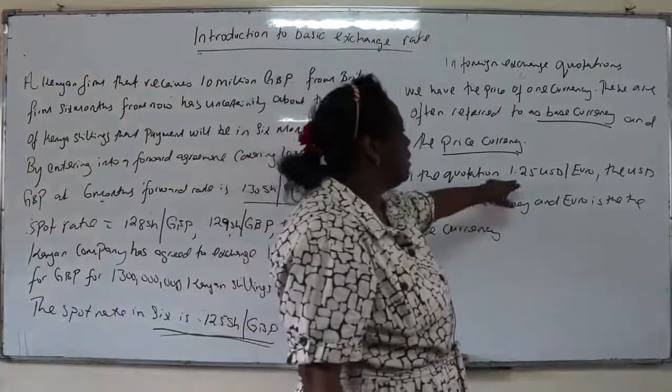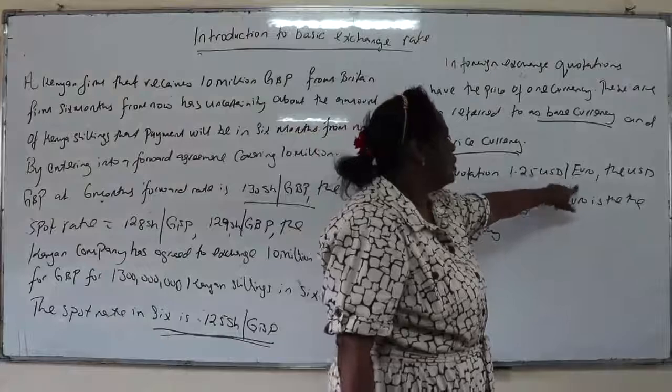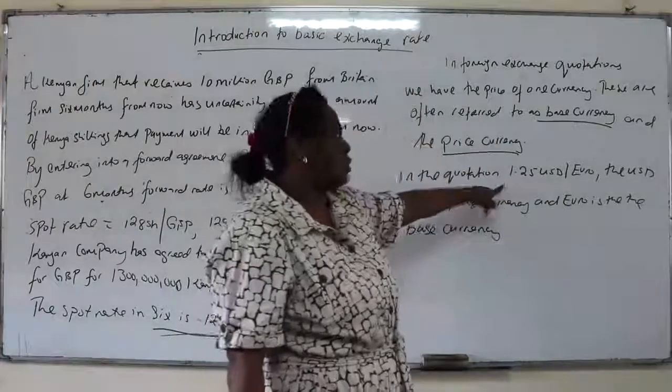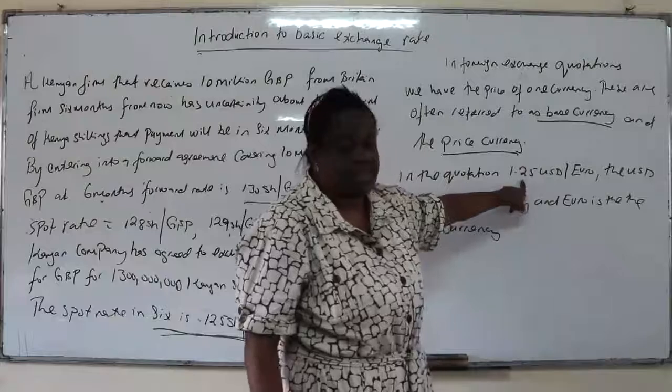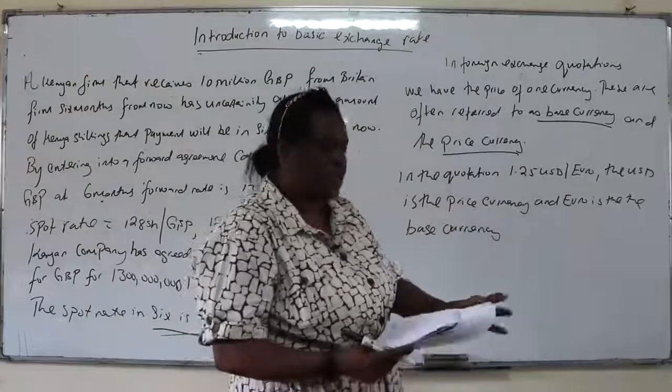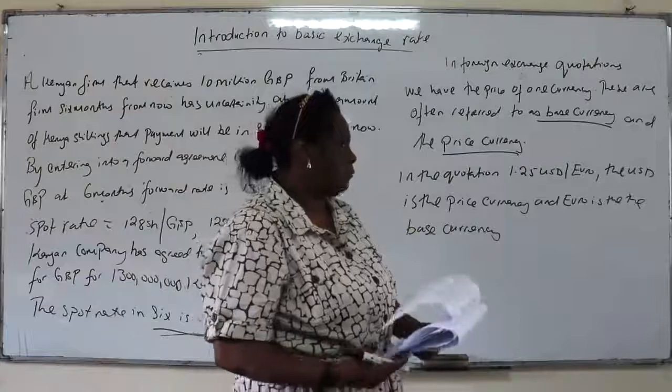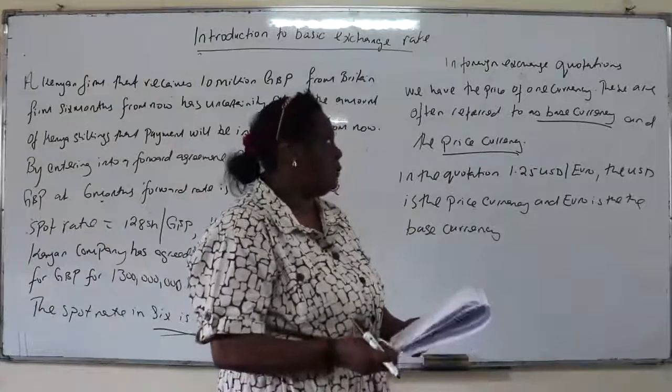And what does it mean? That for each 1 euro, it is going to cost 1.25 US dollars. So of course, we can say that the price currency is stronger than the base currency.